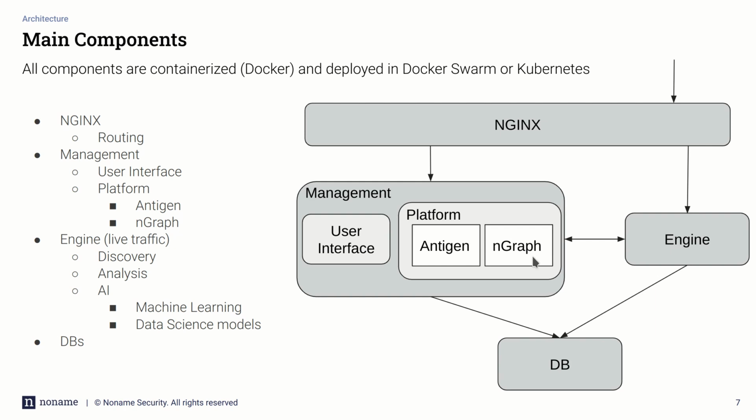It makes use of ngraph. What is ngraph? Well, it definitely relates to some kind of a graphical application, and that's exactly what it is. Given enough permissions, when we perform our integration in order to funnel API traffic, network traffic into the no-name platform, the platform is able to identify the topology of your environment that is executing your APIs.